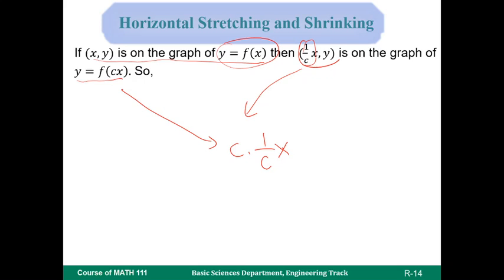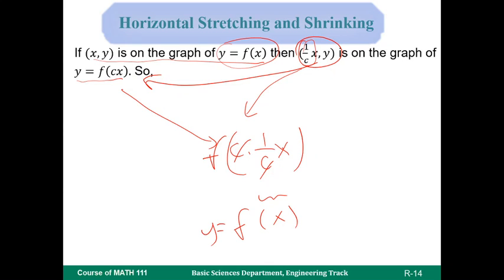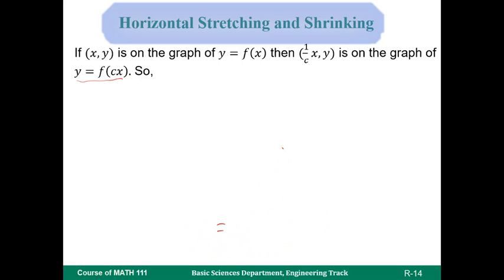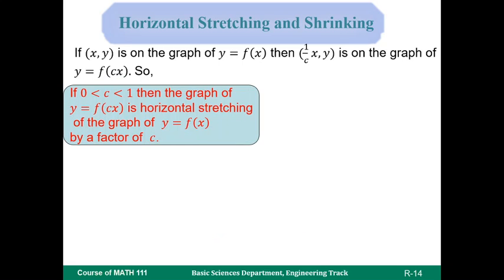So we are putting this in here. It will be f of c times 1 over c x, so it will be x here. So we end up with, again, for the same y value, y equals f of x. So this is the mathematical fact behind it.